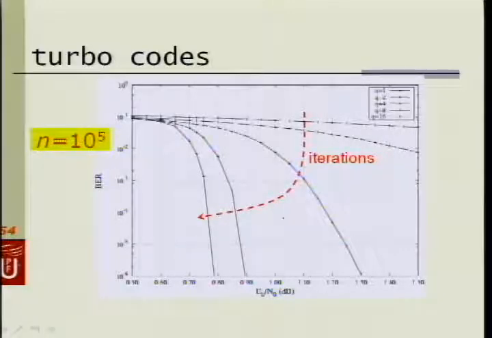You see that, especially at the beginning, the improvement with the number of iterations is considerable, and then the principle of diminishing returns holds, in the sense that you increase the number of iterations and you improve the performance of the code very little.